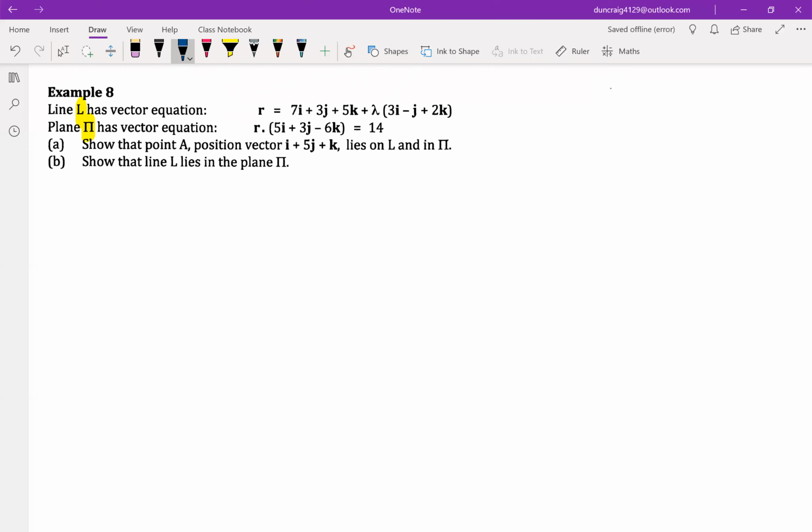So let's put it into the line. Let's sub in 1, 5, 1 into L and the plane.